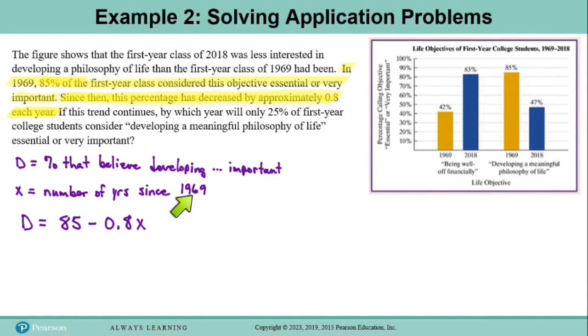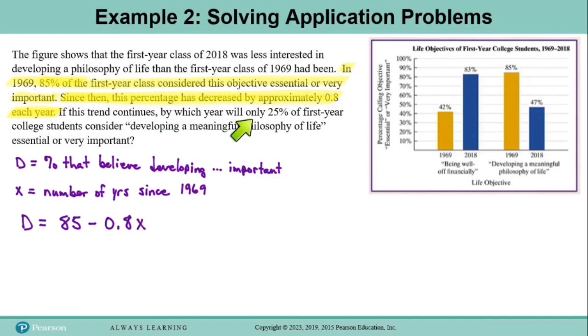So you can see that when it was 1970, it would only be 1 year since 1969, and so the percentage would have been 85 minus 0.8 times 1. And then the next year, it would have been 2 years since, so it would be 85 minus 0.8 times 2. So that's how we're going to make it drop 0.8 each year.